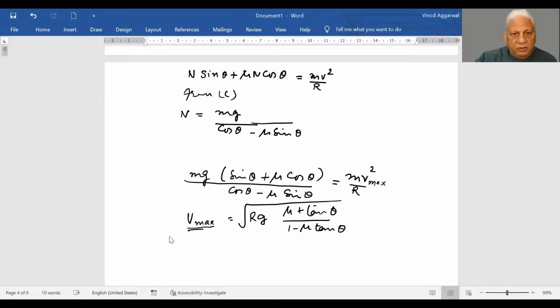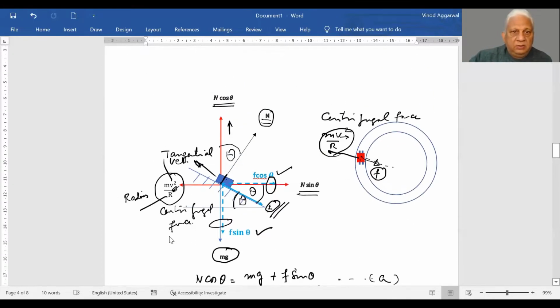This is the maximum velocity that a vehicle can attain without skidding. Skidding in which direction? Skidding in this direction. Why? Because when the centrifugal force keeps becoming more and more, it tries to push the car in upward direction.